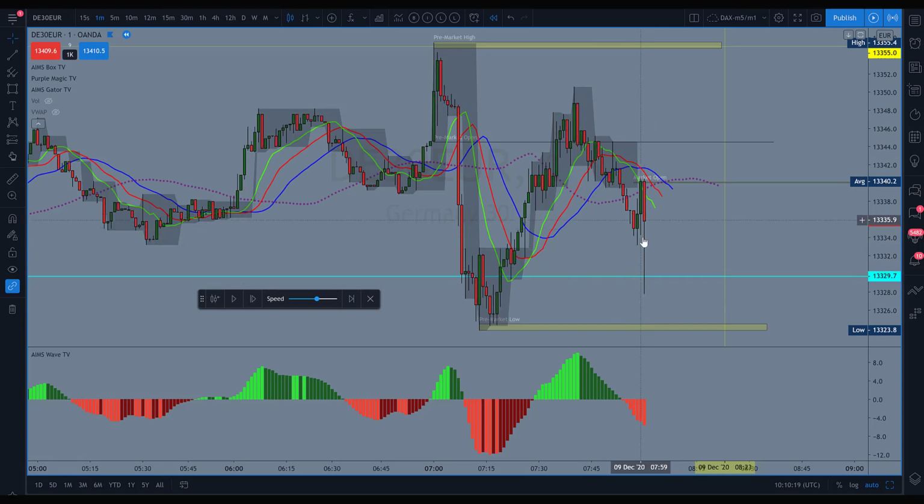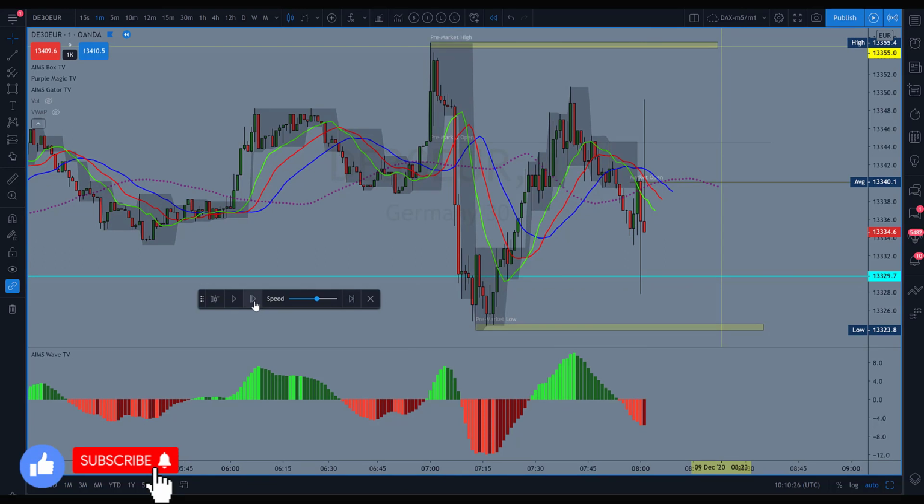So price comes down, hits those levels, goes back up, we are waiting. Let's go to the next candle. As soon as this candle finishes, price actually started going up, and so I took my second low bot entry over here, and it did go up.